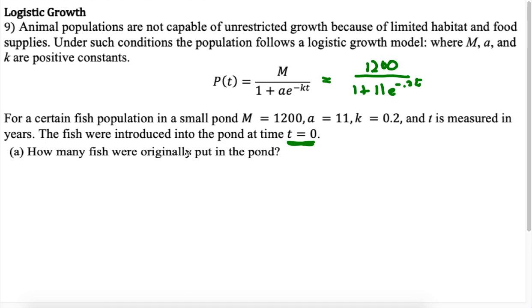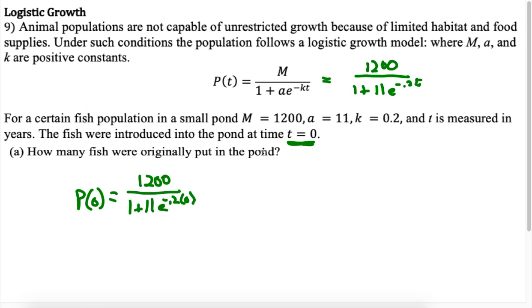Now, how many fish were originally put in the pond? Well, that's going to correspond to when t equals 0. So what I want to do is take this equation and evaluate it for 0. So I'm going to say 1200 over 1 plus 11 e to the negative 0.2 times 0 power.